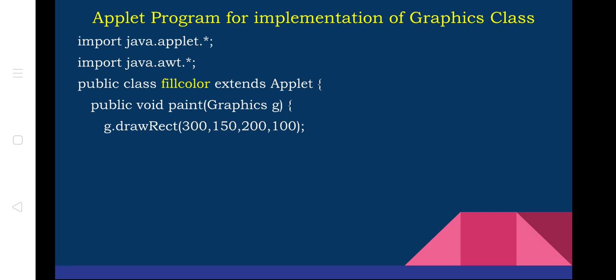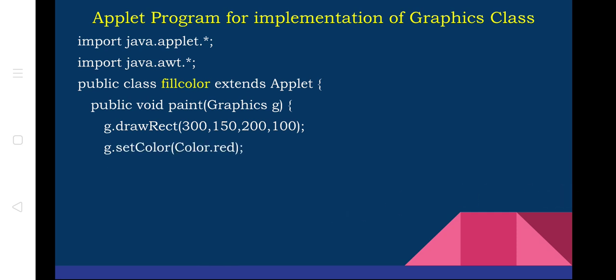These values give the x and y position and the size of the given rectangle. drawRect is the method, g is the graphics object, and using the dot operator g.drawRect, we are able to draw the rectangle using the parameters 300, 150, 200 and 100. So this will give all the corner points of the rectangle so that the system can draw it.